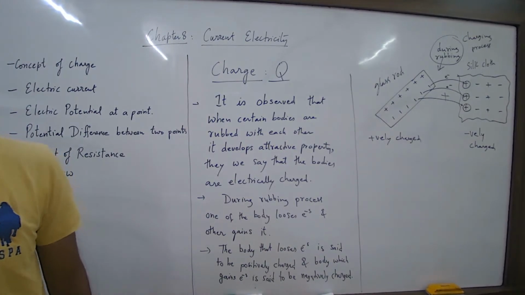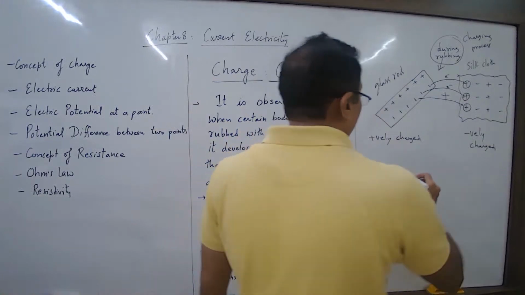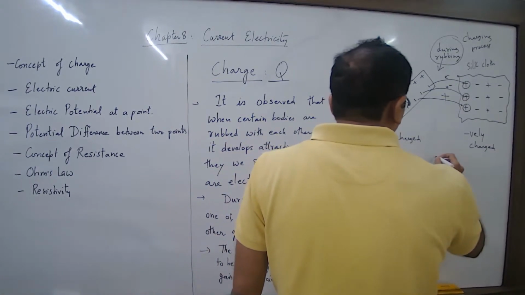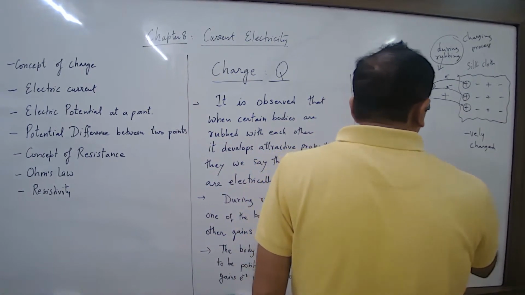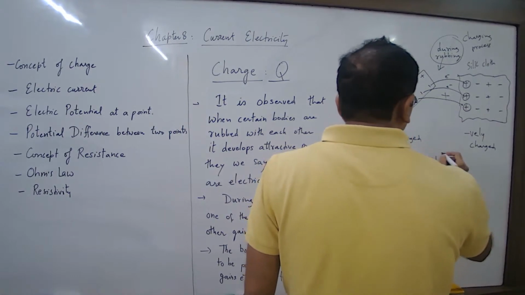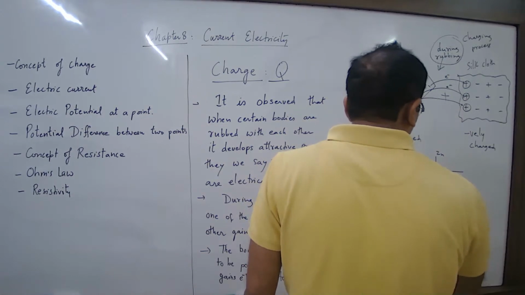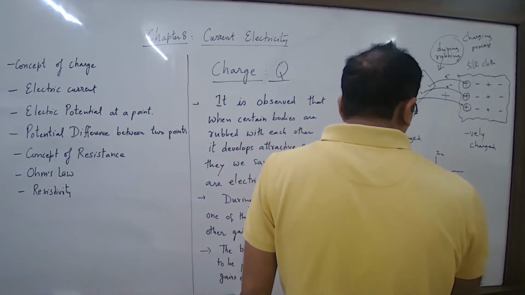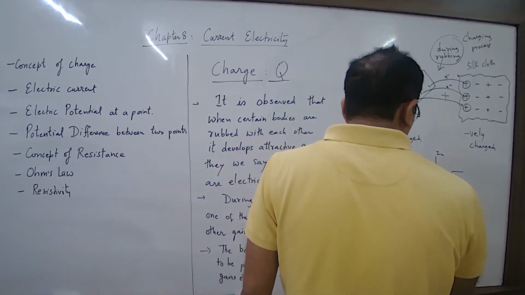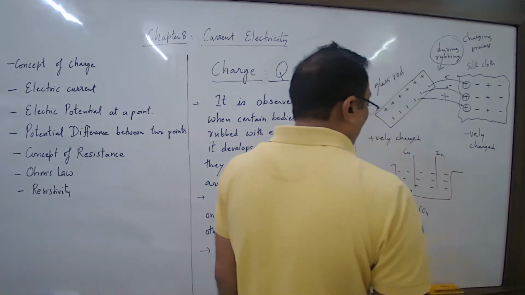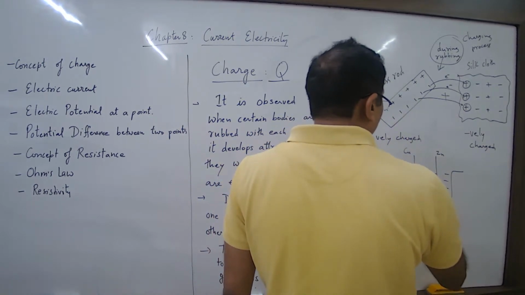In an electric cell, what do you have? You have electrodes. So this is copper and this is zinc. Okay? And then you have an electrolyte. So this is dilute H2SO4. So it will react with copper.